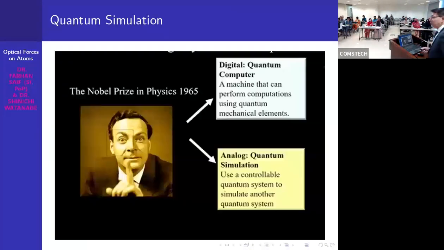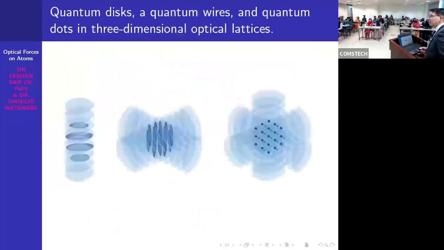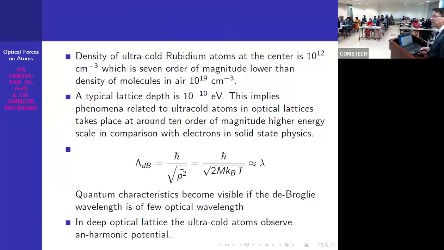Something very interesting, that we should have a feeling of how big, what are the numbers behind this? And we can pick up the numbers by saying that at the center of this atomic ensemble, which makes this Bose-Einstein condensate or the atomic wires or atomic quantum dots, the density is 10 raised to the power 12 per cubic centimeter.